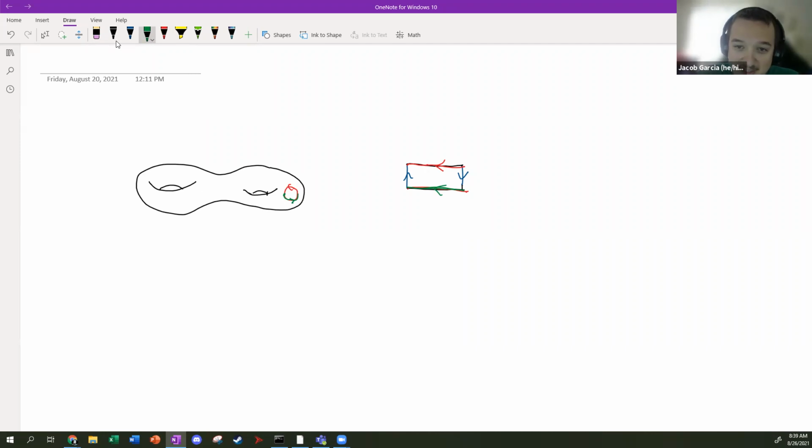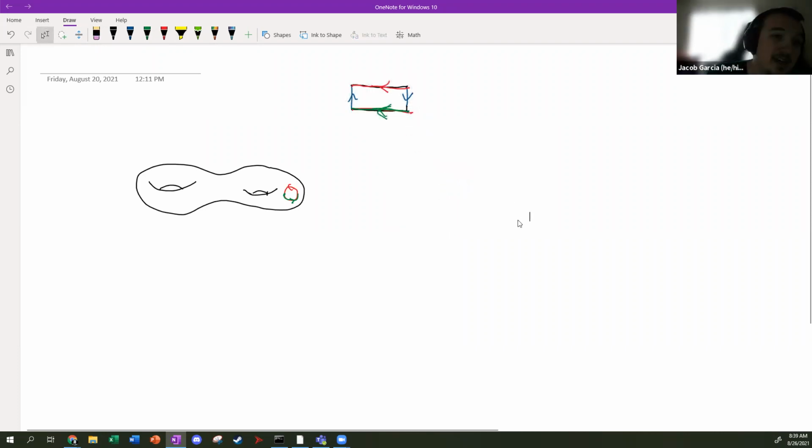Right. But this is super hard to visualize. So perhaps a better way to visualize what's going on, and this took me quite a while to come up with, is to recall that we have another way to view a Mobius band, and we did this a couple of weeks ago.